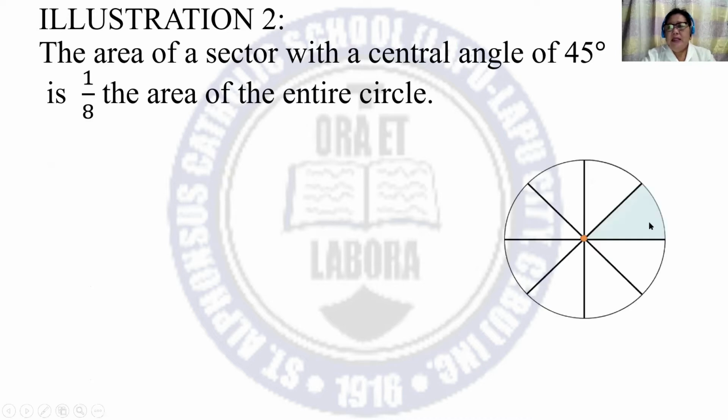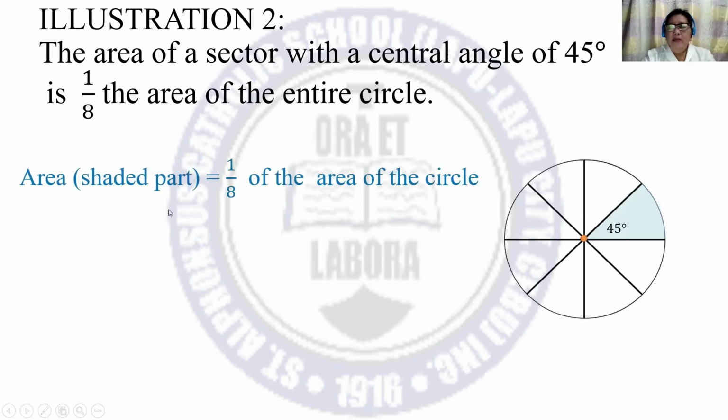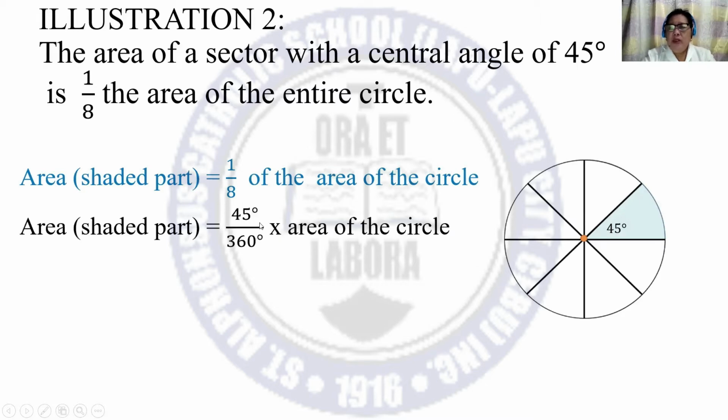Let us have this illustration. This shaded part is only 1/8 of the circle, which is equivalent to 45 degrees. So the area of the shaded part is equal to 1/8 of the area of the entire circle, which means 45 over 360 times the area of the circle.